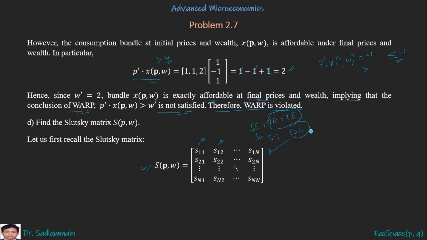So when i equals j, it becomes the diagonal of the matrix, and when i not equals j, these are off diagonal.